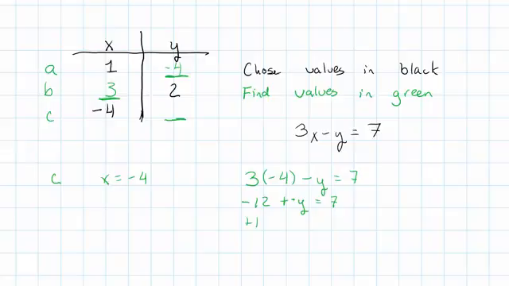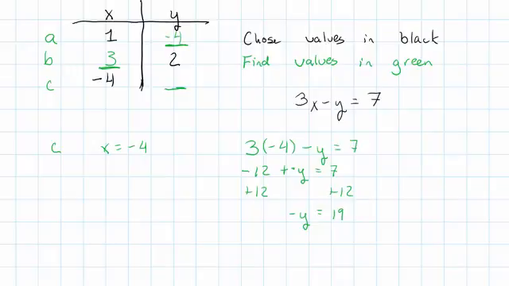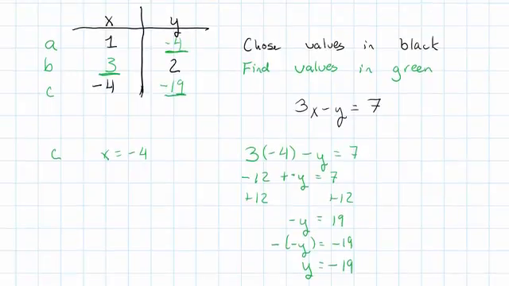To get rid of the negative 12, we'll add 12 to both sides. We'll get negative y equals 19. Now, to get rid of the negative sign, we'll multiply both sides by negative 1, and we'll get y is negative 19.